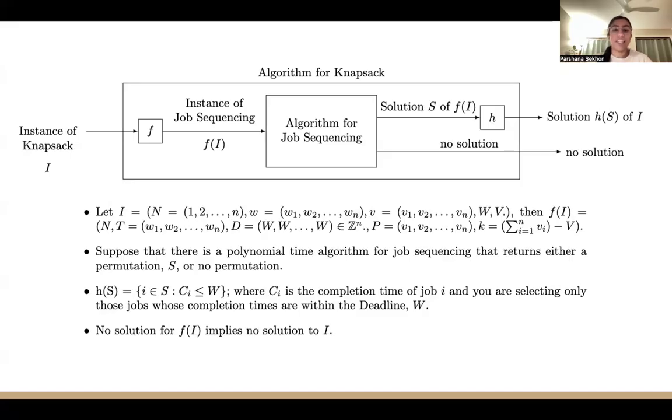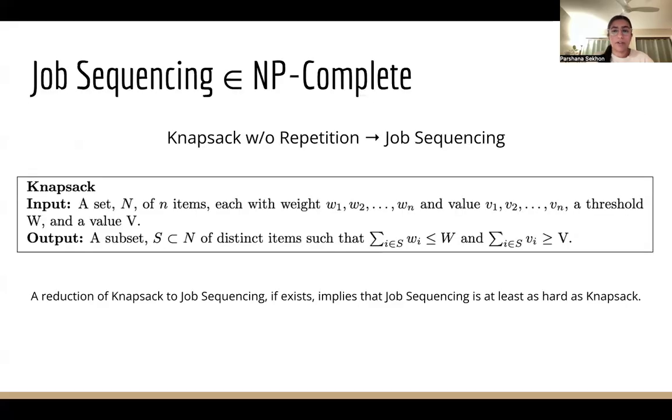We're going to have D, which is our deadline, be the set where we take capital W and make an equivalent amount, W to W, with n total items. And then our penalty is going to be similar to our value, so we're just going to take that set. And lastly, for our K, we're going to say that it is the summation of all of the penalties, minus V, which is the value we want to be greater than or equal to.